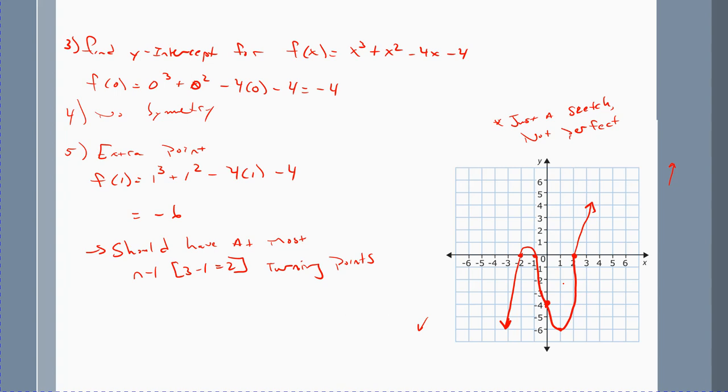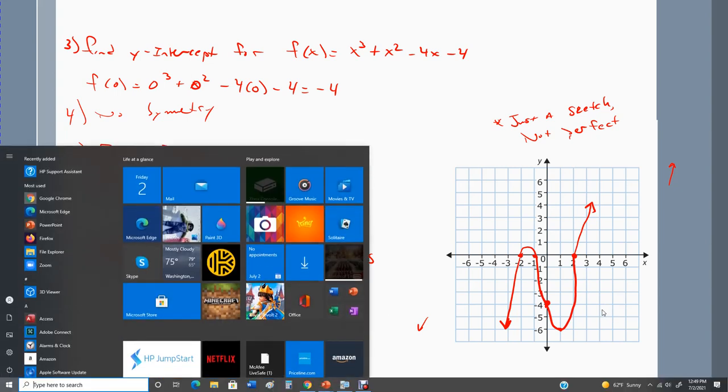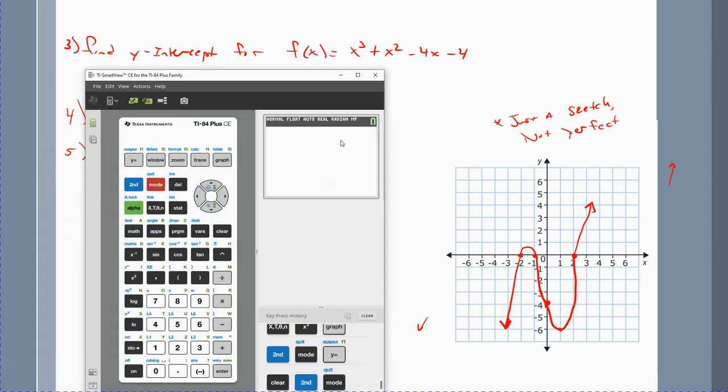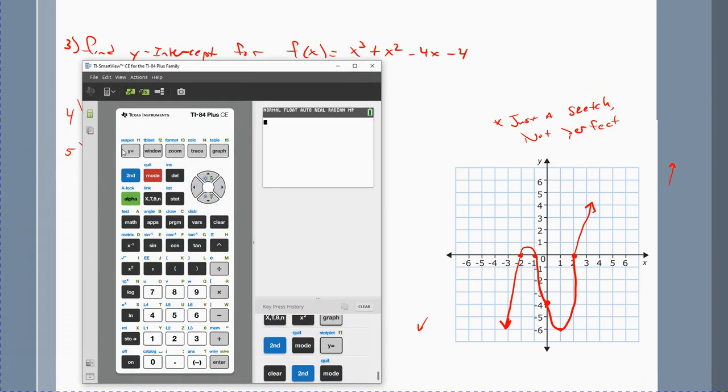All right, let's grab our graphing calculator and verify and see if this is what it looks like. I'm going to use my y equals. So I have x cubed plus x squared minus 4x minus 4.